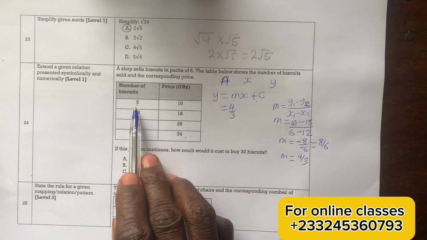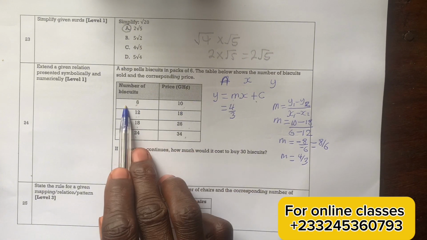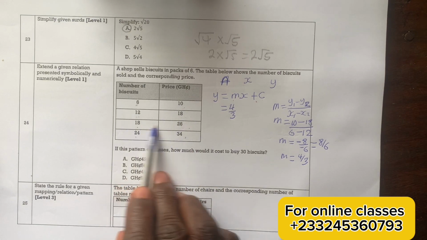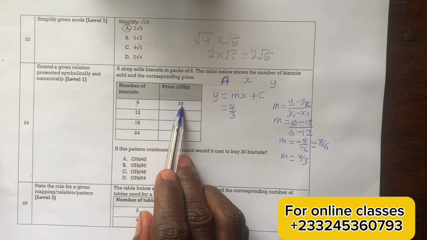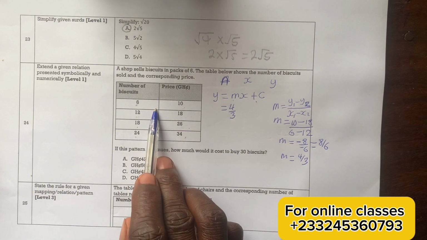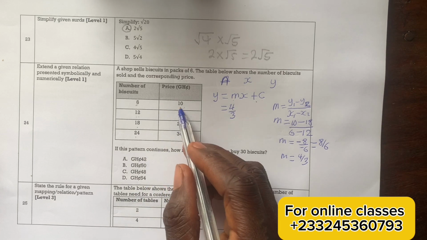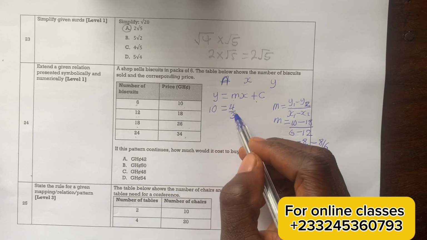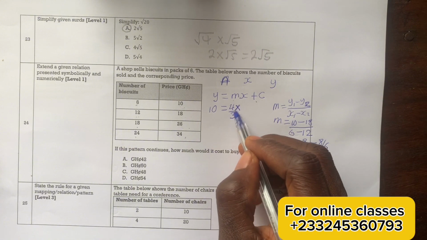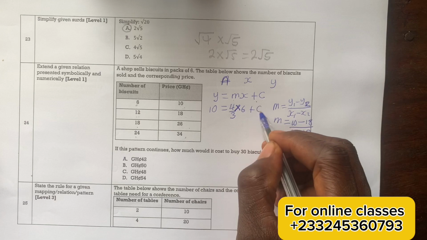Now we are going to pick one row. You can pick any of the rows: 6 and 10, 12 and 18, 18 and 20. But I'm going to pick the one with the smallest values, 6 and 10. So here y is 10, equal to 4 on 3 times x, which is 6, plus c.